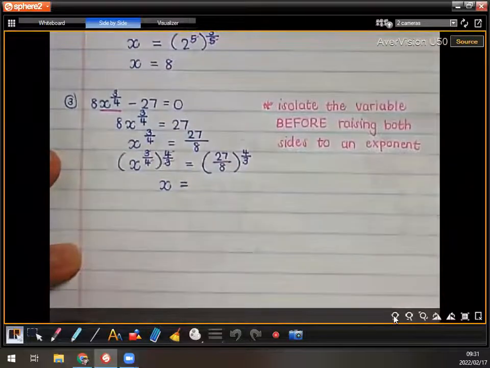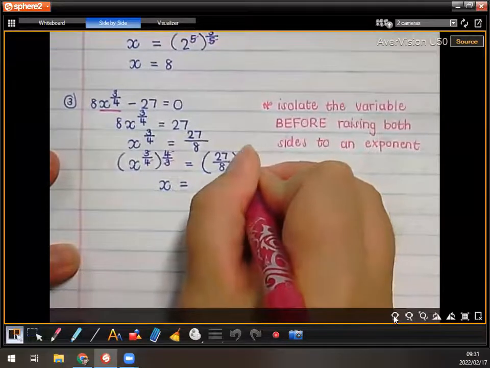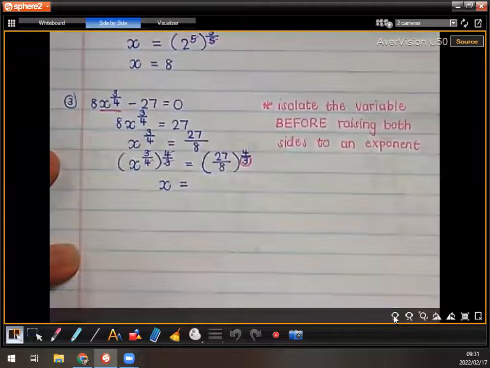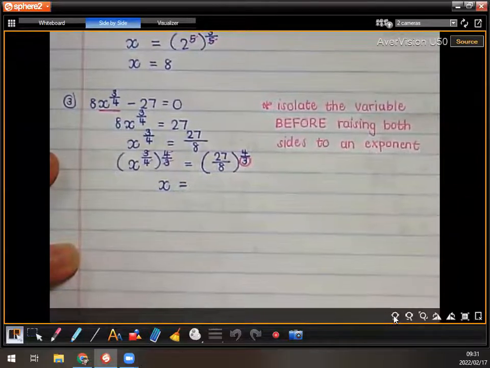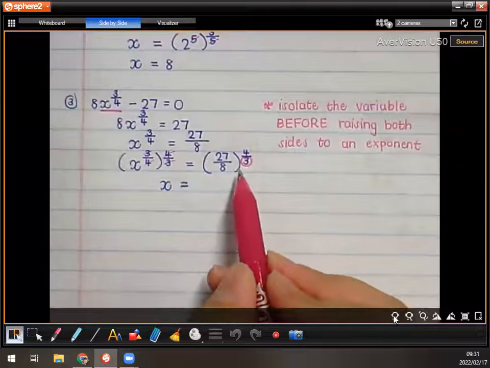Now this one, guys, what is the denominator of this fraction that I have? The denominator is 3. Yes. So if I wanted to do that, I would have to make my exponent match. Alright, so if you want to swap this fraction, then the exponent needs to. Alright, so guys, here the denominator is 3.